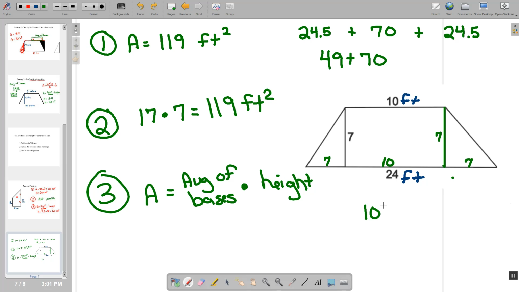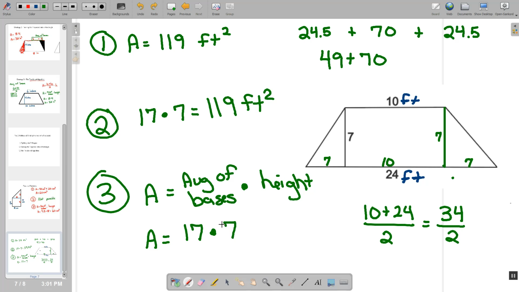So if I do 10 plus 24 divided by 2, I end up getting 34 divided by 2, which is 17. And I simply take my 17 times my 7, and look at that. Strategy 2 and strategy 3 end up being incredibly similar to each other at the end, and we get 119 square feet.